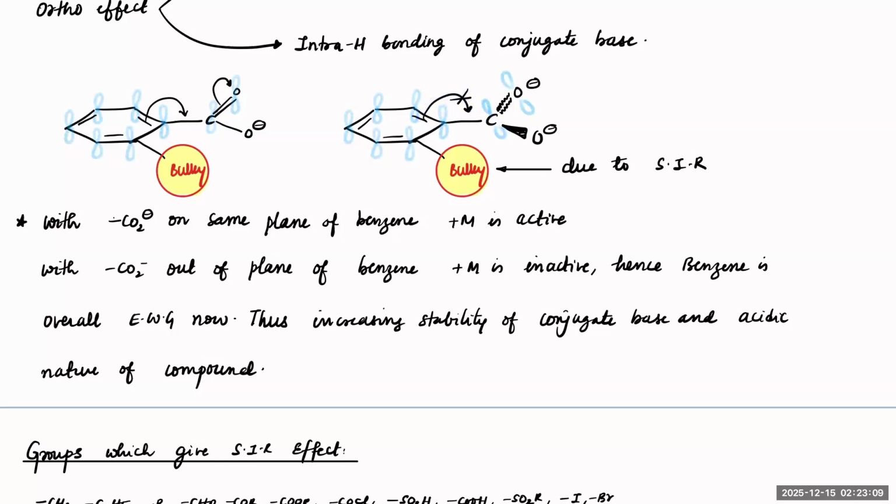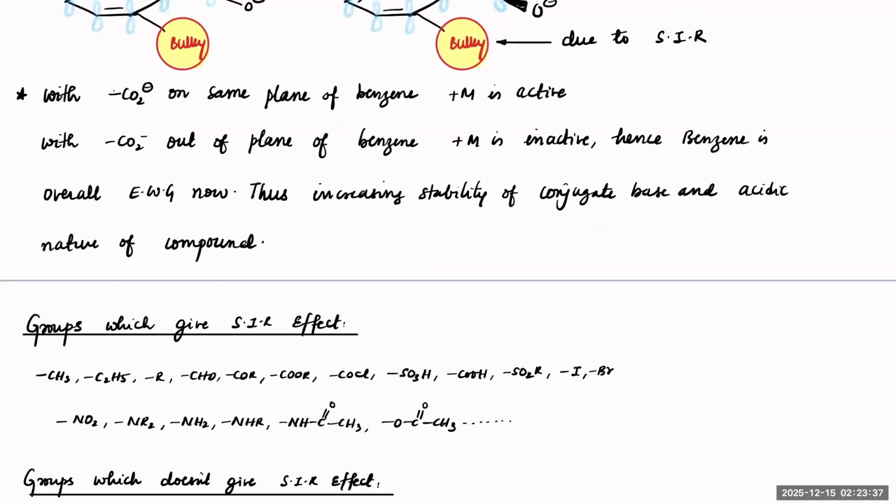And if benzene does not participate in resonance, the equivalent resonance here will happen with a much higher magnitude. And who is responsible for this? This bulky group. That means this bulky group is the one which is giving the SIR effect, steric inhibition of resonance. Okay, that's what I was trying to explain through this paragraph.